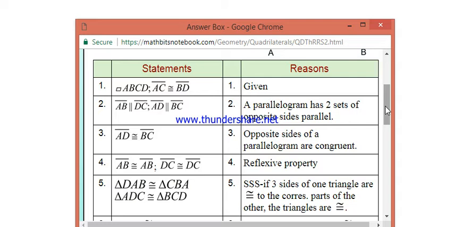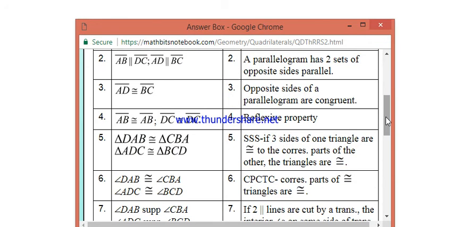Parallelogram ABCD and diagonal AC is congruent to diagonal BD. The reason is given. Number 2, line AB is parallel to line DC and line AD is parallel to line BC. A parallelogram has two sets of opposite sides that are parallel.